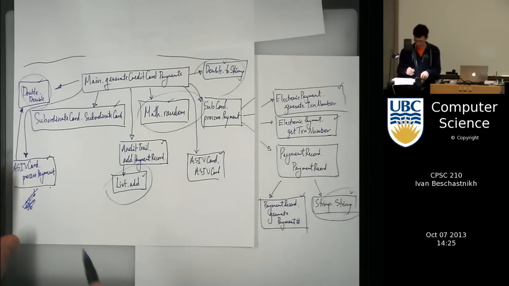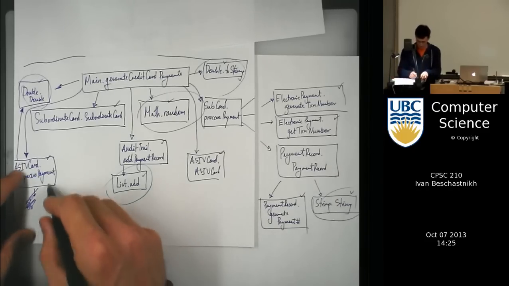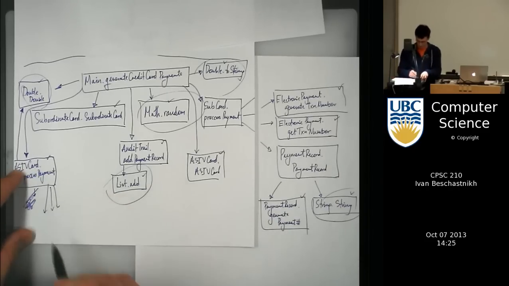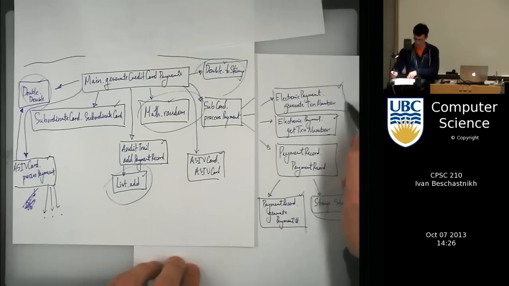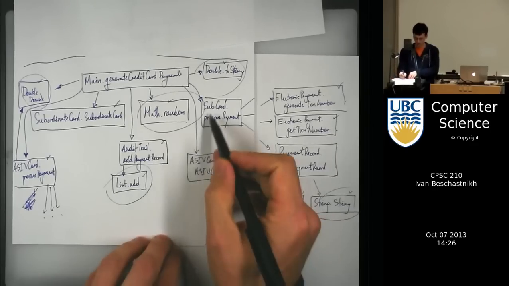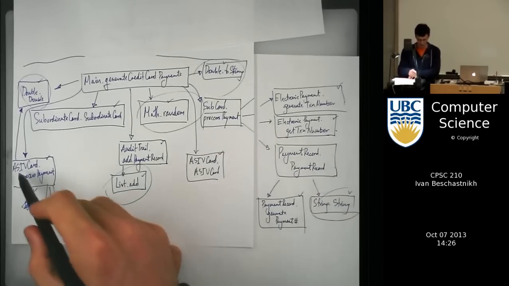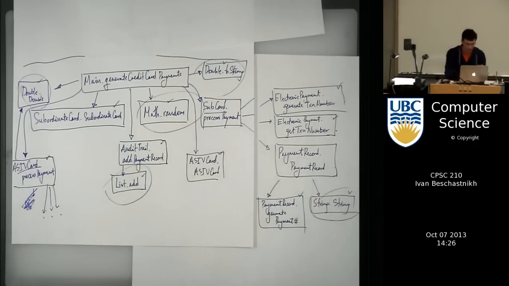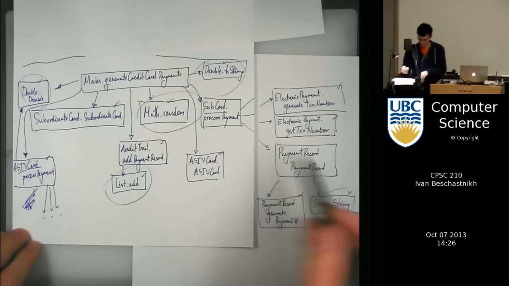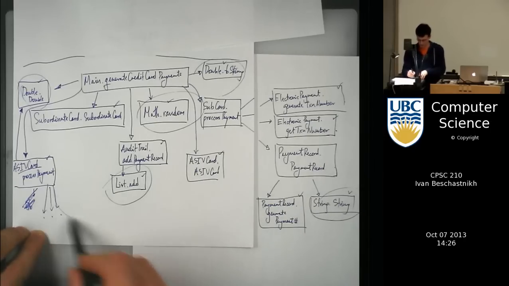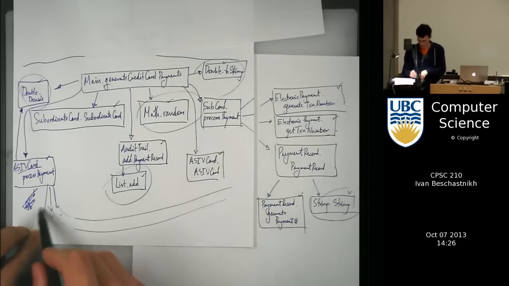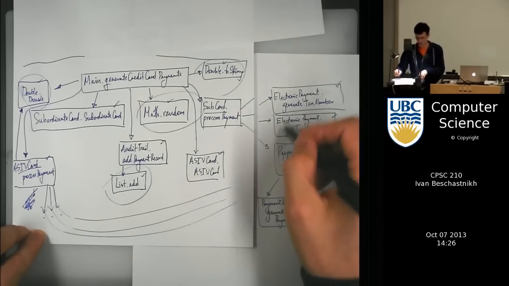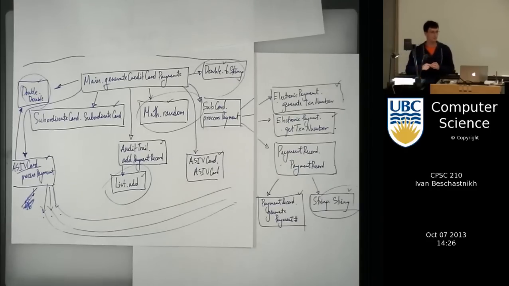So really what this diagram should be doing is, there should be 3 things coming out, and all of these 3 things should be pointing to these 3 nodes. Because the subordinate card process payment and the ace of card process payment are very similar. So I would make it kind of ugly, but essentially you just have these arrows that go in this direction and they point to these 3 nodes. Okay.